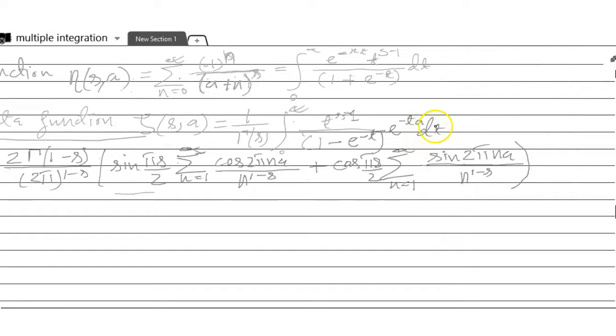In the summation form, it can be written as the sum n equals 0 to infinity of 1 by k plus n plus a whole to the power s. So this is the value.